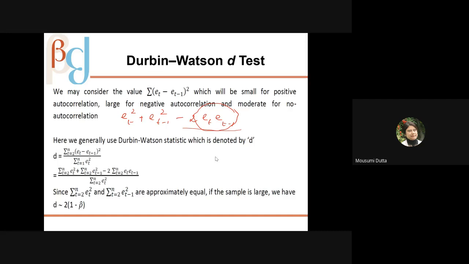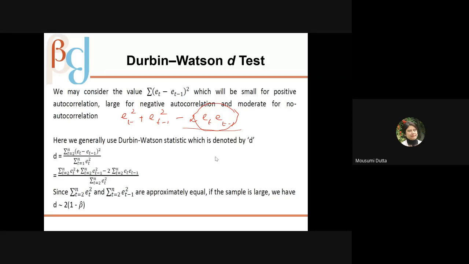So to avoid the 0 and negative values, without losing any generality, in the numerator we are considering the time from 2 to n. And since n is too large, it will not be a problem at all.